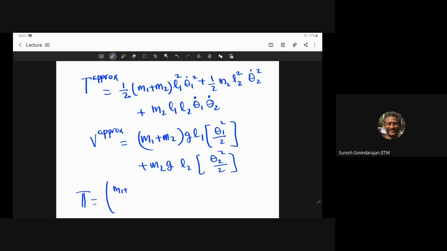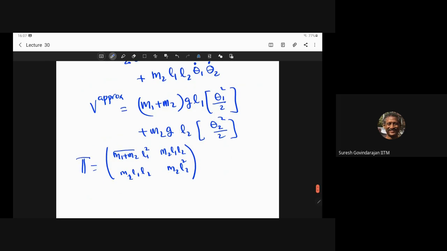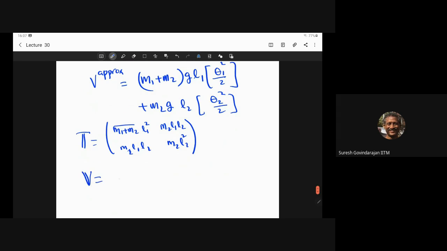So it will be M1 plus M2 times L1 square, and then the cross term, and V. Is this clear?